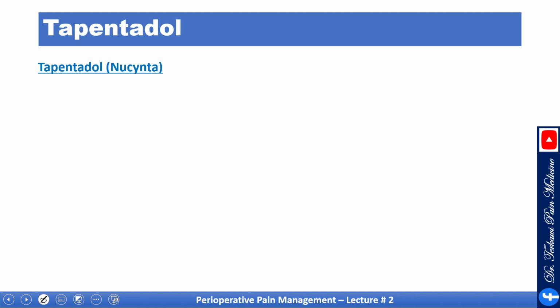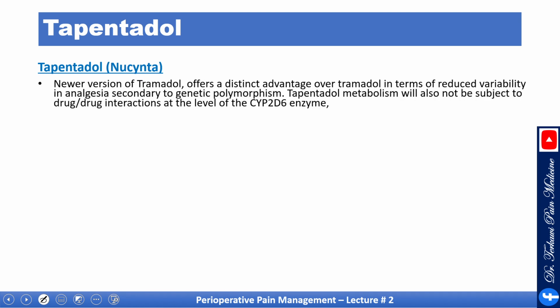Now, let's briefly talk about tapentadol, or Nucynta, which is the newer version of tramadol. It offers an advantage over tramadol in terms of reduced variability in analgesia secondary to genetic polymorphism.